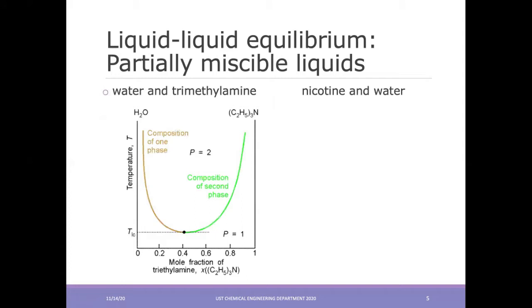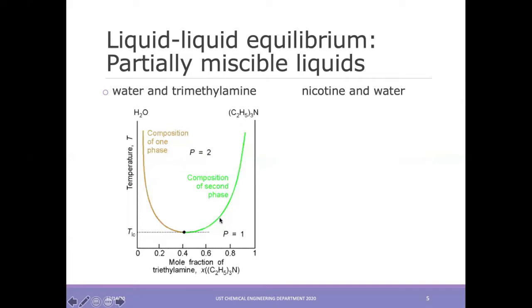Another condition that can occur for two partially miscible liquids to become completely miscible is the one in which we have a lower critical temperature. An example of a pair of compounds that show this behavior is water and trimethylamine.